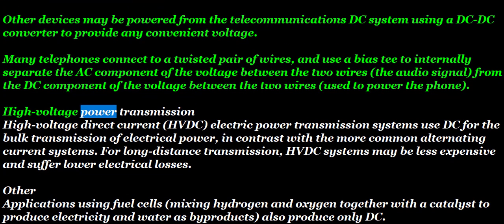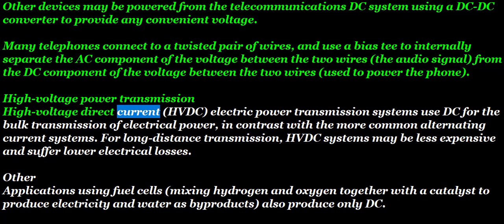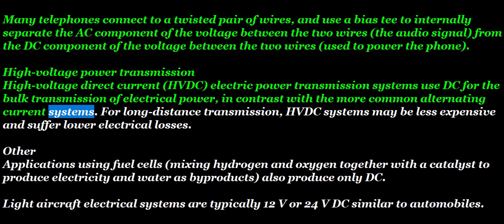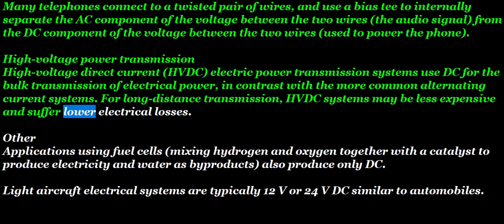High voltage power transmission. High voltage direct current, HVDC, electric power transmission systems use DC for the bulk transmission of electrical power, in contrast with the more common alternating current systems. For long-distance transmission, HVDC systems may be less expensive and suffer lower electrical losses.